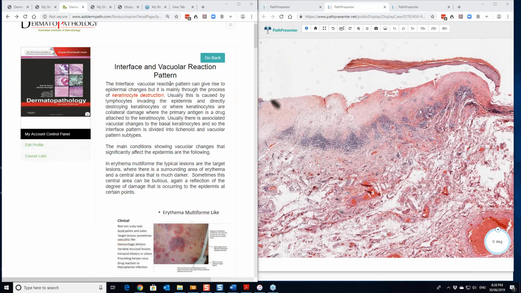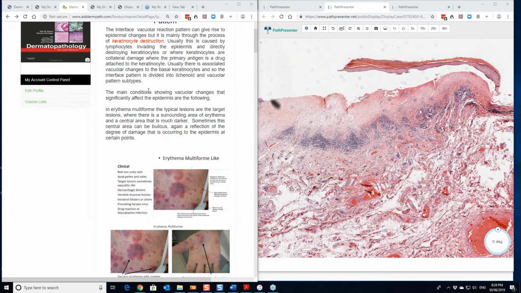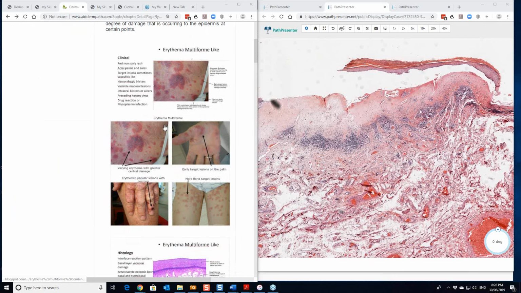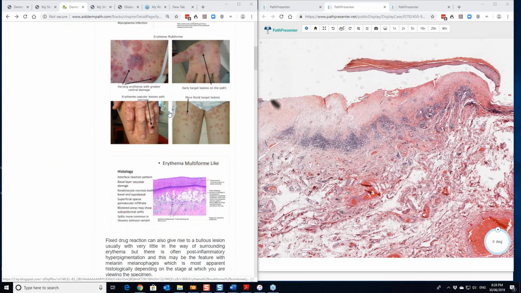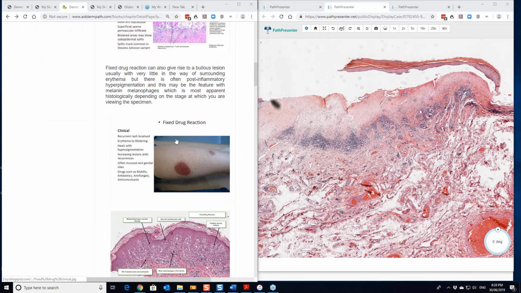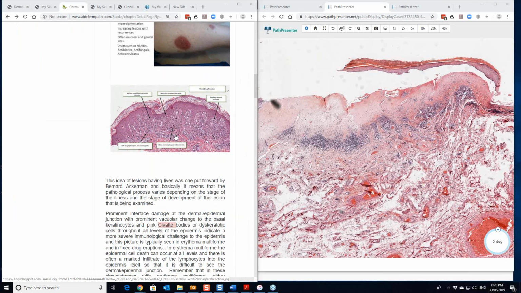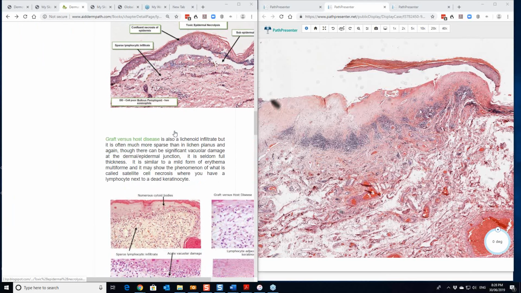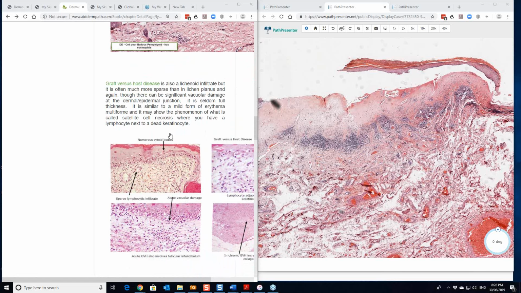So just to refresh again, the major histological conditions showing an interface reaction pattern are erythema multiforme, Stevens-Johnson, toxic epidermal necrolysis, the fixed drug reaction pattern, the graft-versus-host disease, the acute type of graft-versus-host disease.